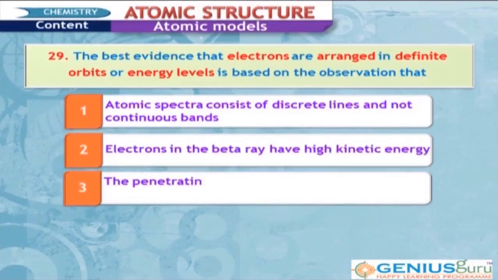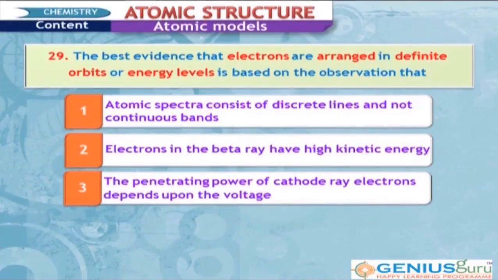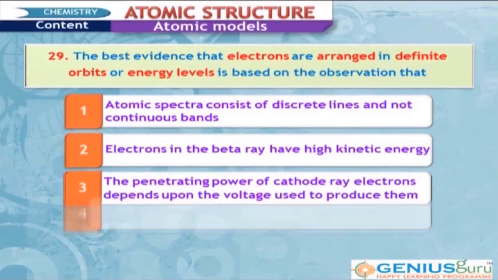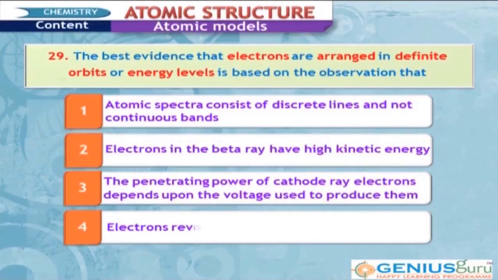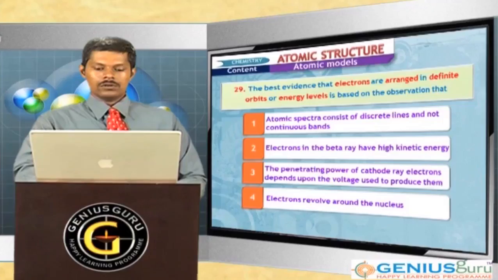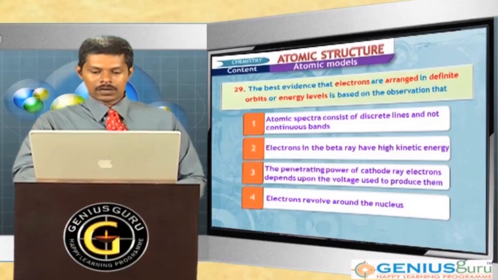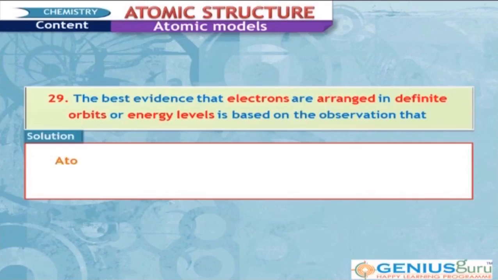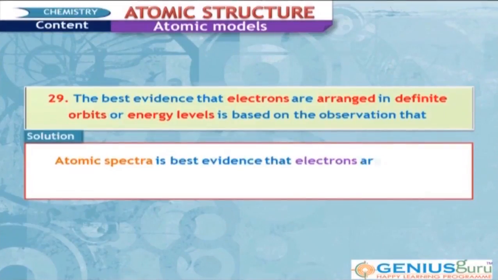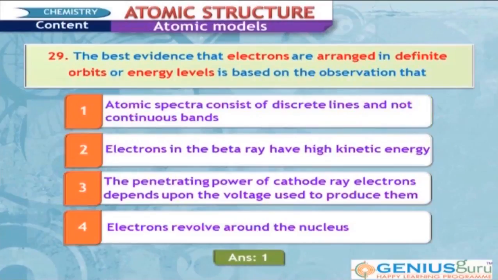Third one, the penetrating power of cathode ray electrons depends upon the voltage used to produce them. And the fourth one is, electrons revolve around the nucleus. Here, the atomic spectra, which we will discuss in the subsequent classes, is the best evidence that electrons are arranged in definite orbits. Hence, the correct option is 1.